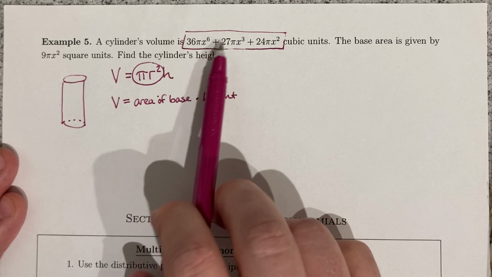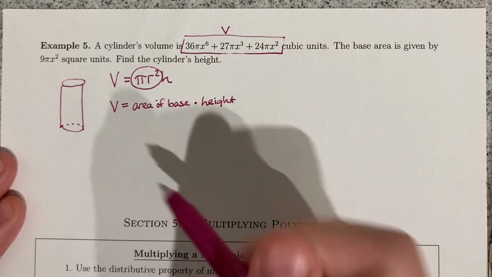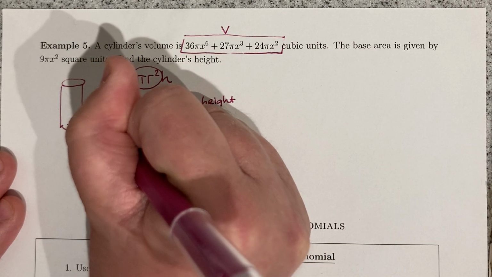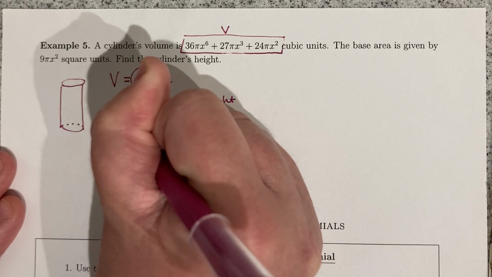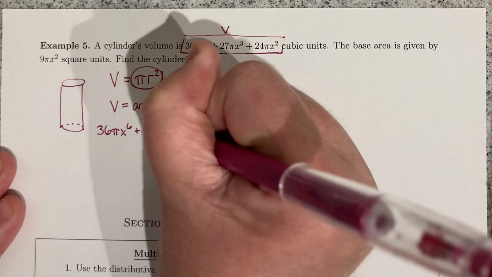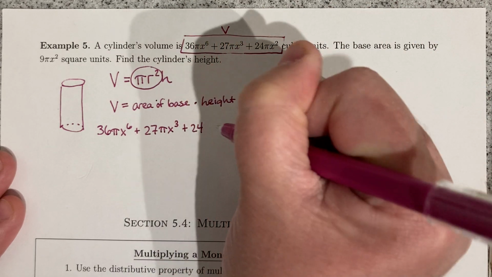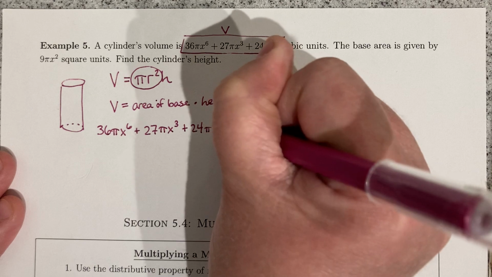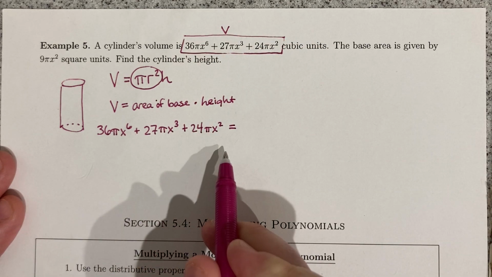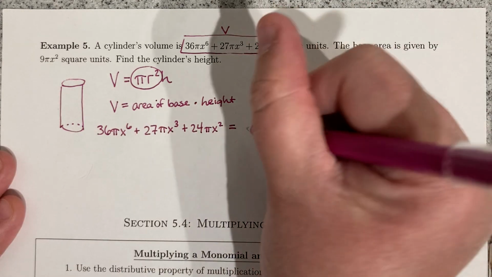All right, so volume, this whole thing is V. So let's put it here. 36 pi x to the 6th plus 27 pi x cubed plus 24 pi x squared. So that's the volume, and it equals the area of the base, which is 9 pi x squared.